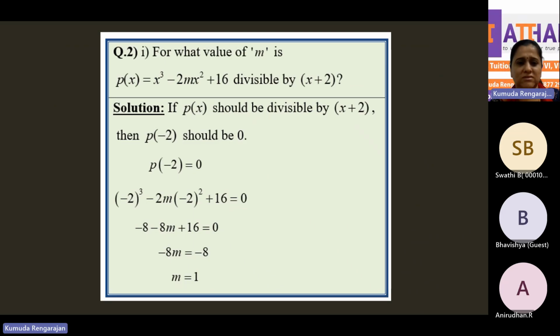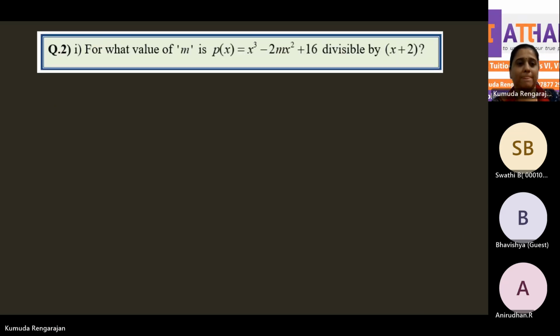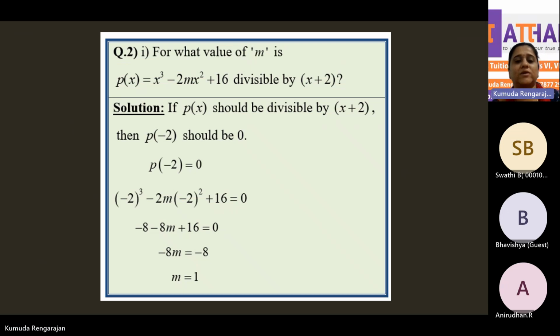Oh, I don't have the answers. Yeah, right on, children. Oh, I have not written g of x and all that here. So, okay, this is enough. Right on.